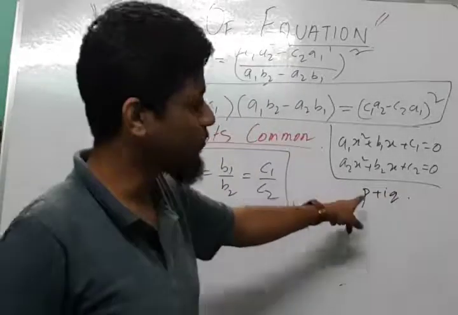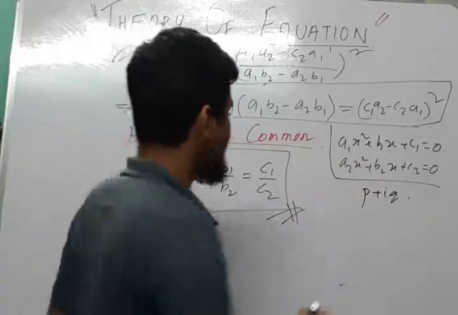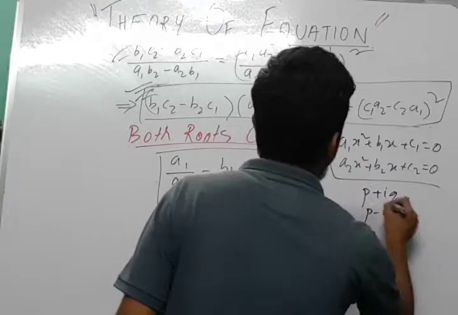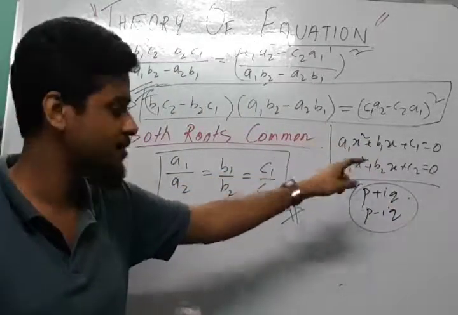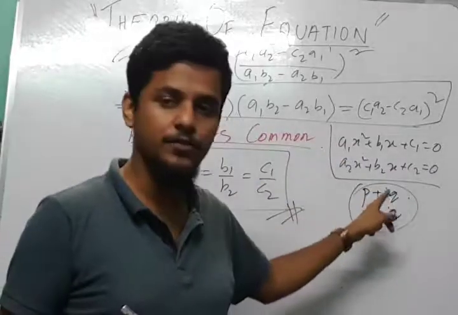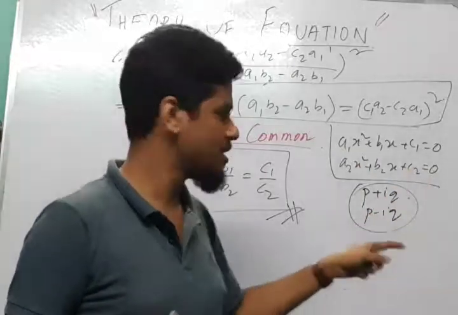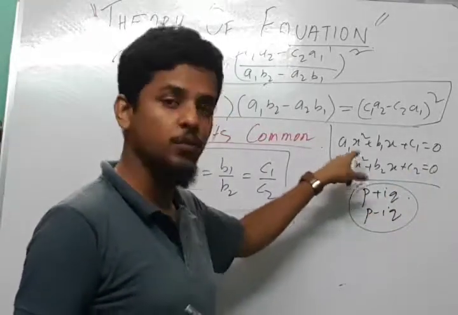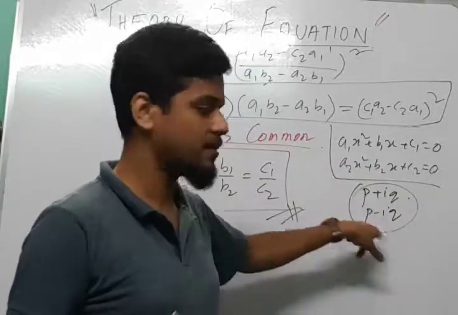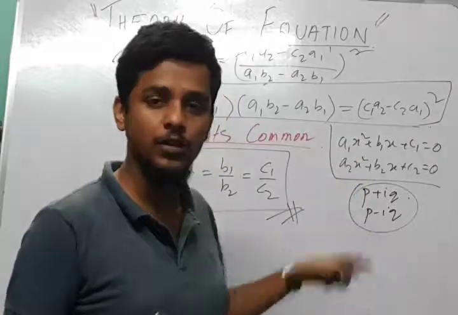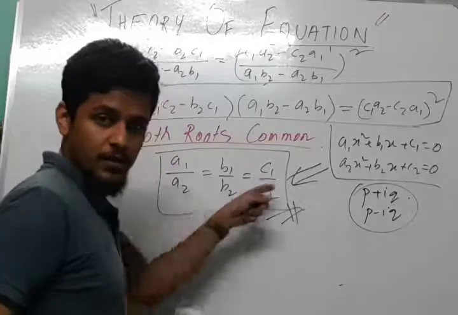So if p plus iq is a common root to these two quadratic equations, then p minus iq is also a root of these two quadratic equations, since I already mentioned that if p plus iq is a root of a quadratic equation, then p minus iq, that is the conjugate, will also be the root. So that root will occur in both the quadratic equation 1 and the quadratic equation 2. That implies that these two equations have both the roots common, so this condition is valid in this case.